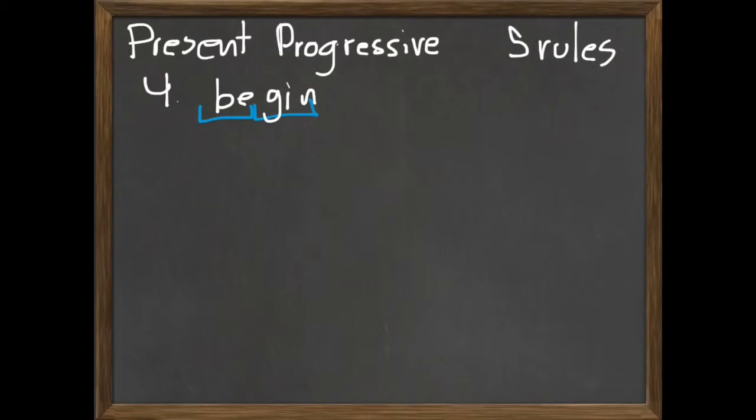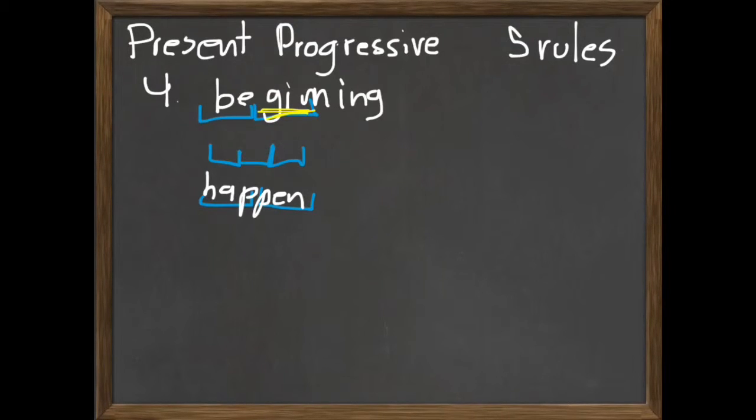Now, the fourth rule says that for words that have two or more vowels, the last vowel has to be stressed. In this case, begin. Gin is the stressed vowel. If the second vowel or the last vowel is stressed, then the consonant doubles and it ends with an ing.